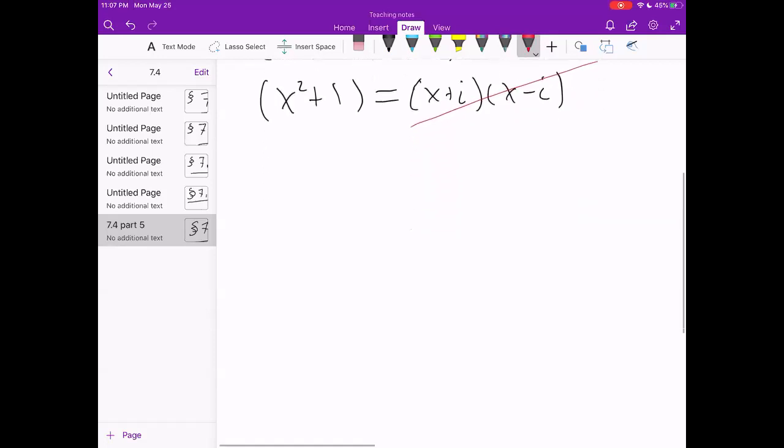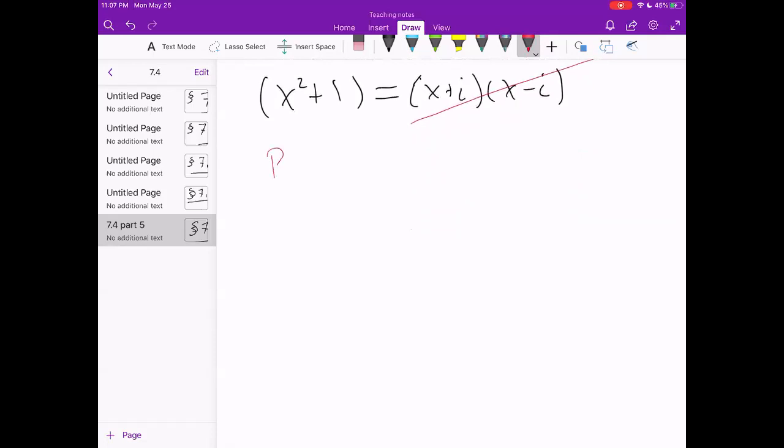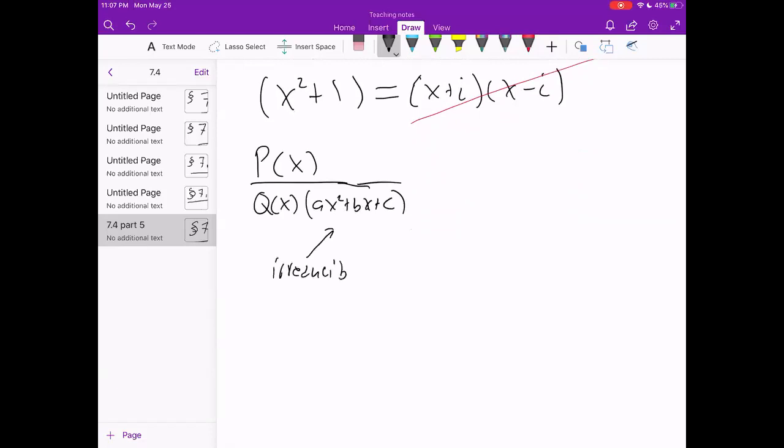So what we're going to do then is say, okay, if I have a rational function that looks like this, and I'm able to factor out a form that looks like ax squared plus bx plus c, where this is irreducible, so it doesn't have real roots, essentially, the roots of this thing are not real.